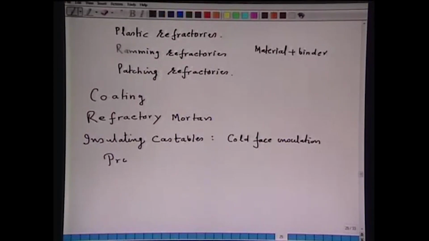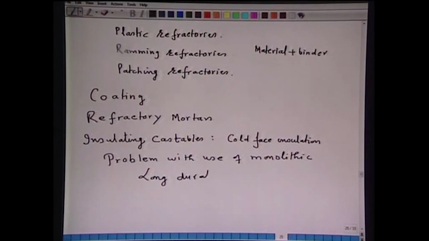So, the largest problem with the use of monolithic refractory, one of the problems, is long duration time.